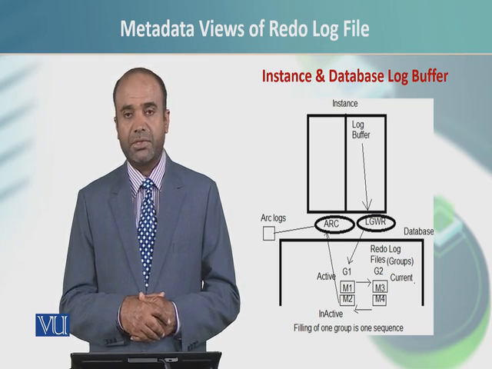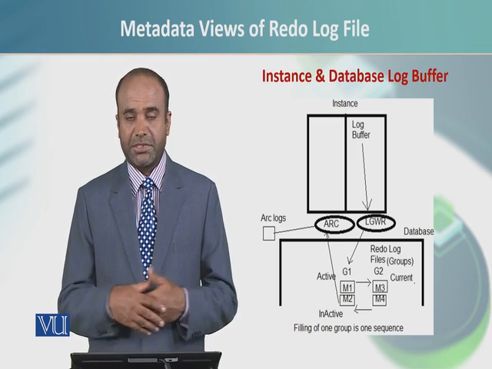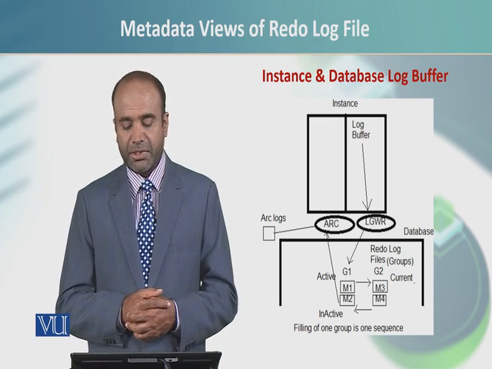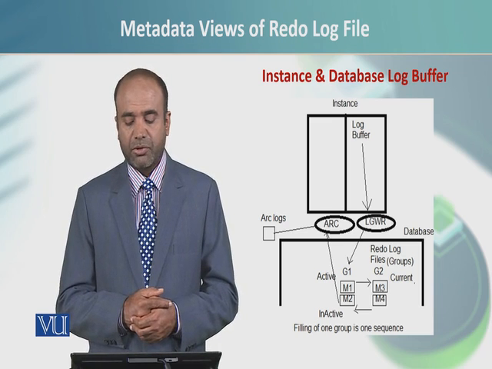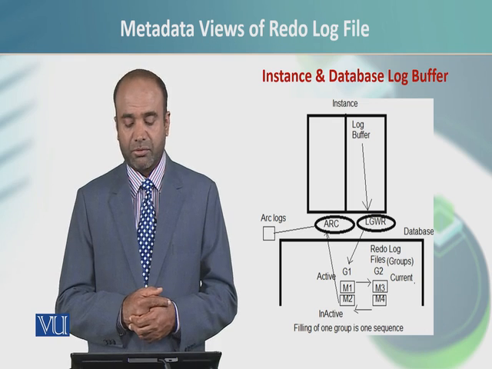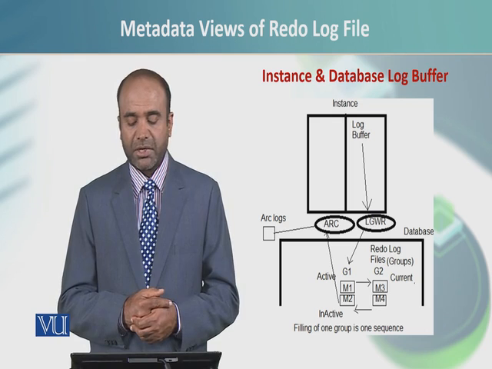Active members or an active group means that the data is being filled. Once it is filled up, it becomes inactive, and the other group starts filling, which is called the current group.